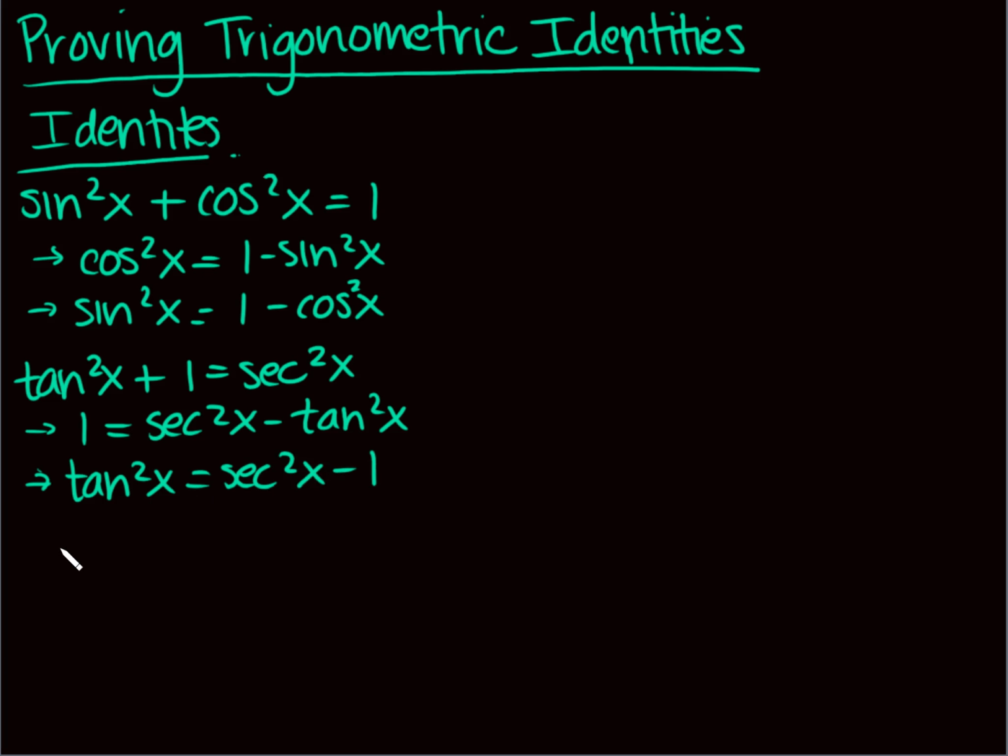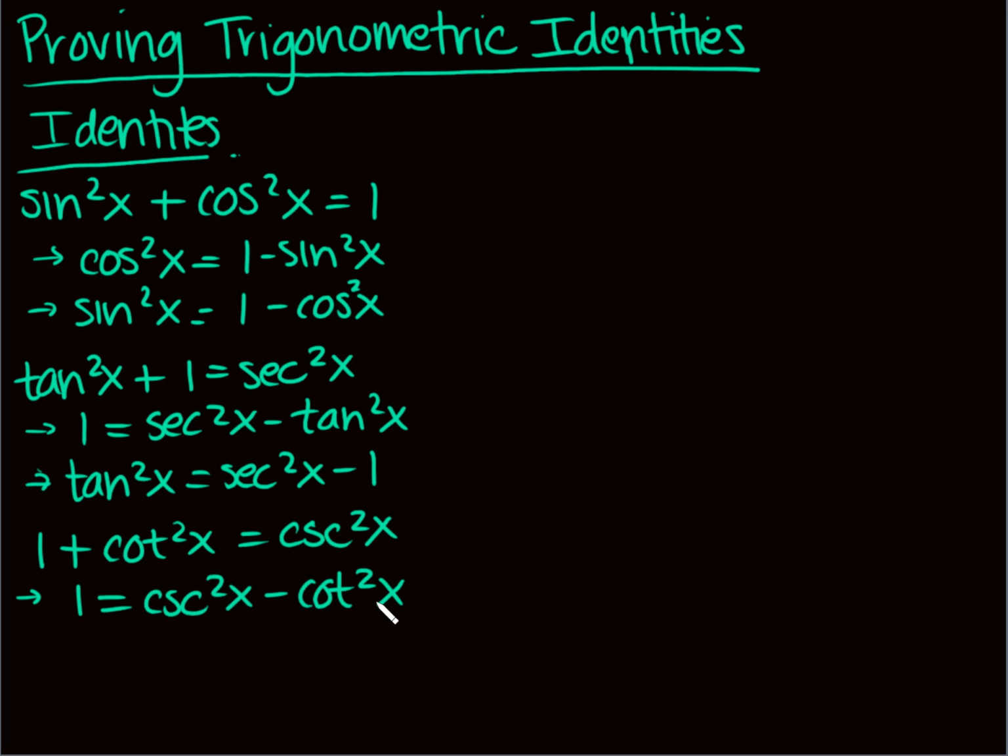Then if we divide everything by sine squared, we get 1 plus cotangent squared, or cotangent squared plus 1 equals cosecant squared. Remember, cotangent and cosecant are friends. They're all friends, you guys. And if we subtract 1, we get cotangent squared equals cosecant squared of x minus 1.